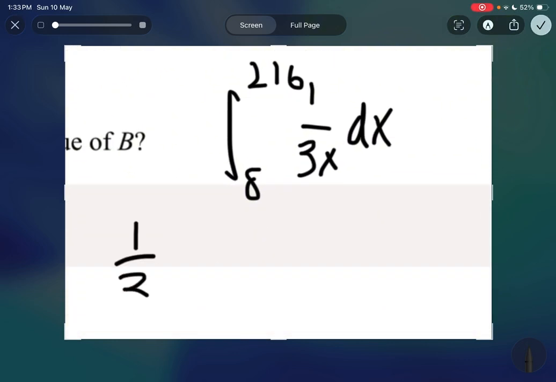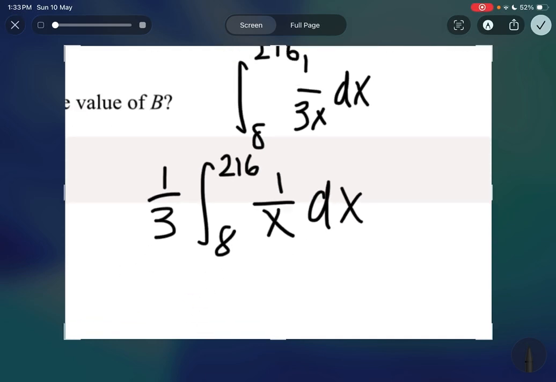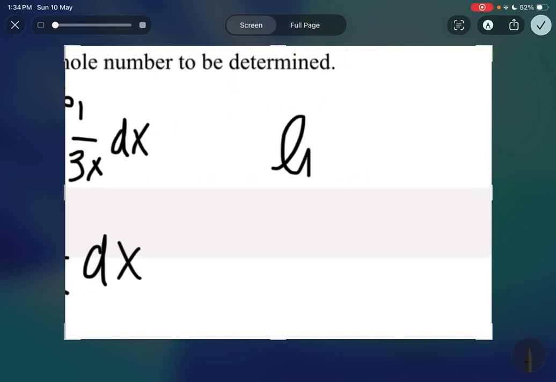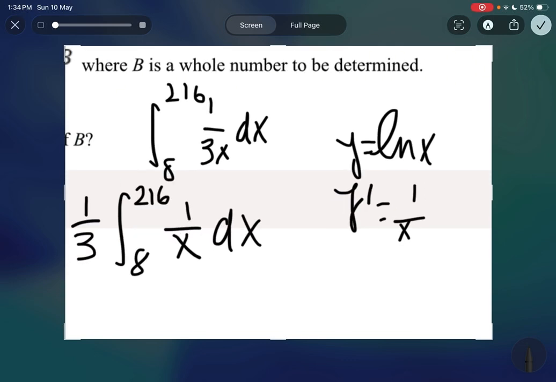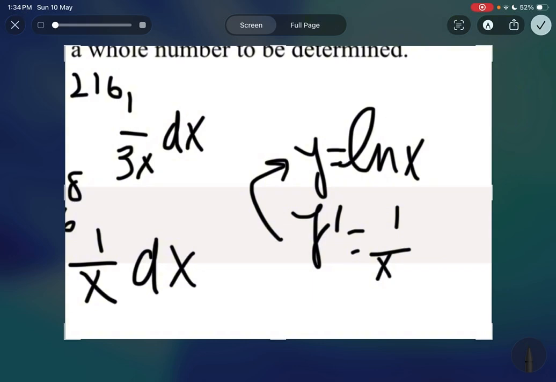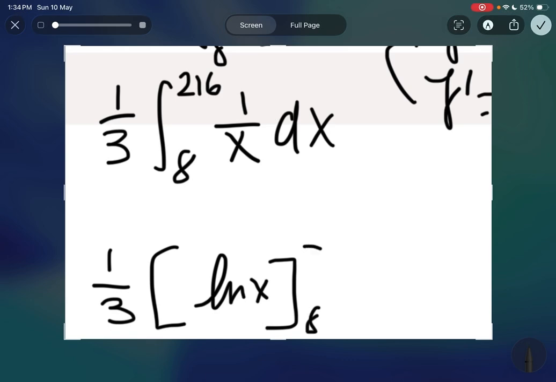So now it's 1 over 3 times the integral from 8 to 216 of 1 over x dx. And you know that the integral of 1 over x is ln of x, because y prime is 1 over x and they want it integrated to put it back to itself. So it will be 1 over 3 times ln of x from 8 to 216.